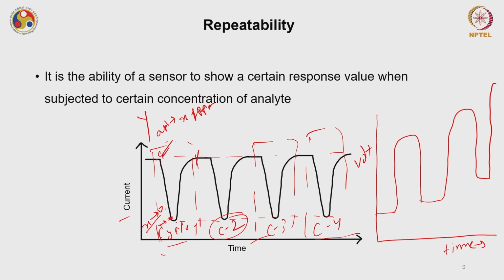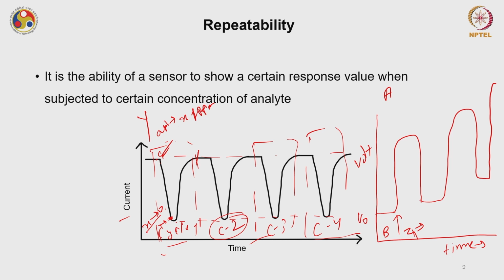Now consider another sensor A where a gas B is introduced, say at concentration Z1. The sensor has been exposed to Z1 concentration of this gas, and this is the initial voltage.